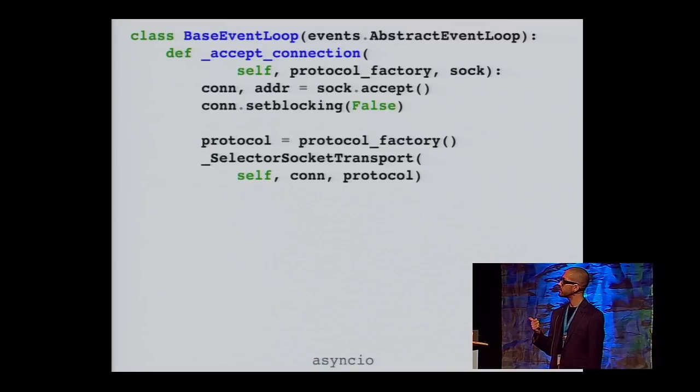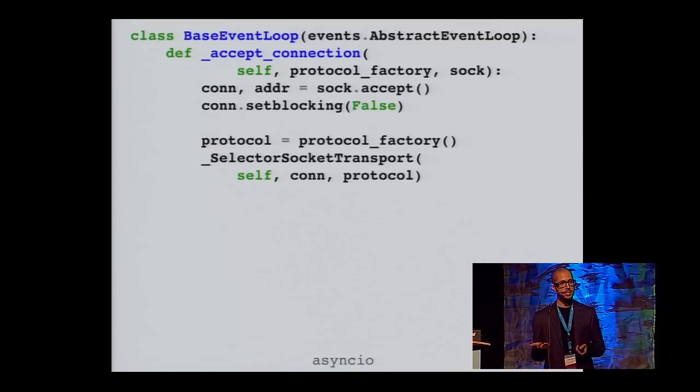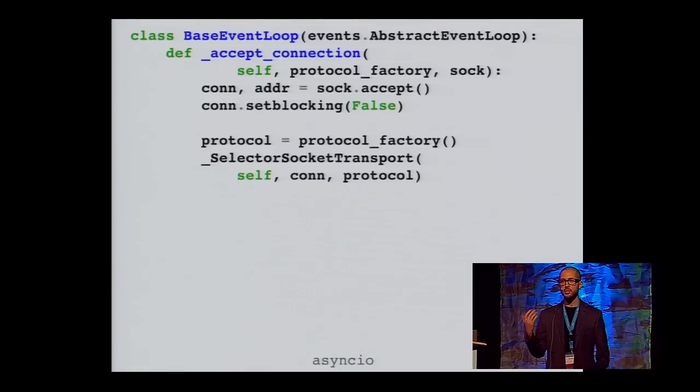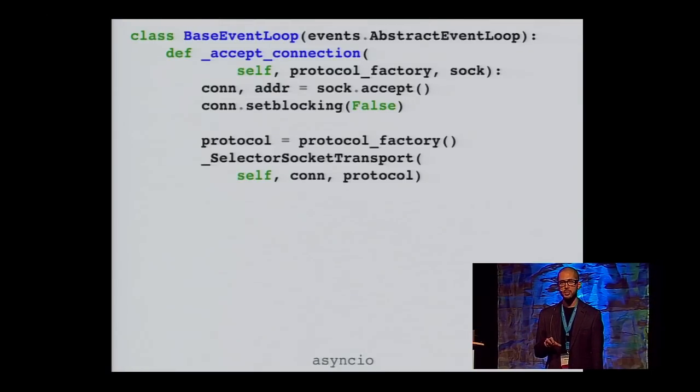And first, it calls accept on the socket. It knows that there's a client waiting to connect to us, so it knows that it's time to call accept on this socket. And the return value of that includes a new socket called con, and that represents the new connection to the client. And since it's a new socket, we have to call setBlocking false on that too.